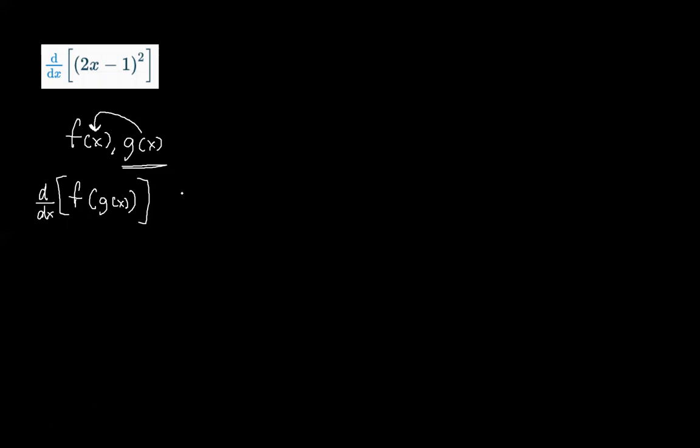So the answer for that one is basically f prime of g of x times g prime of x. So what does this mean? The apostrophe sign is the same as the notation of derivative.